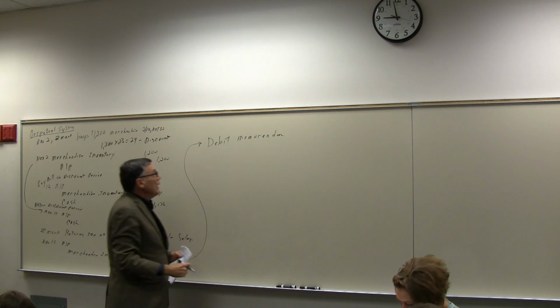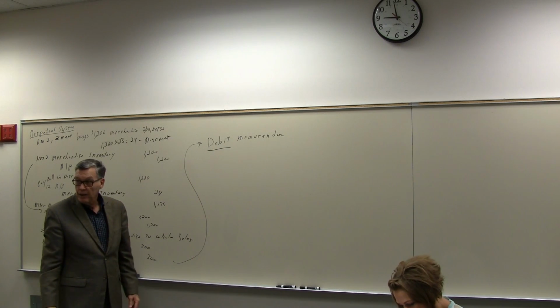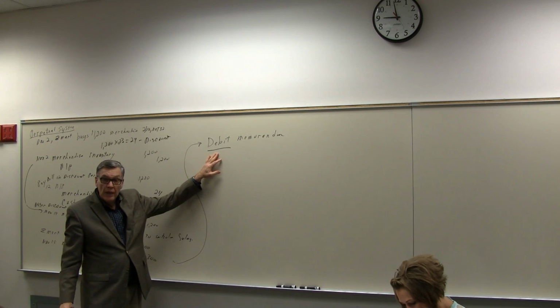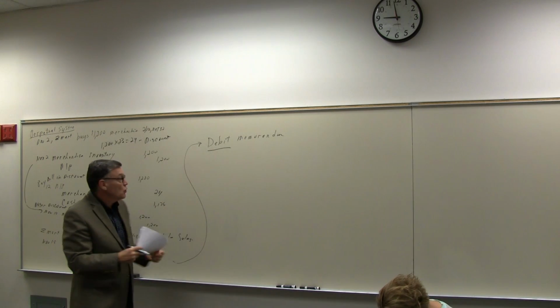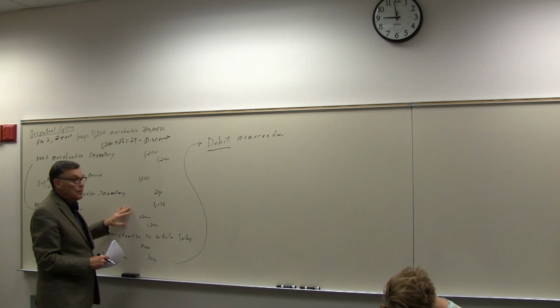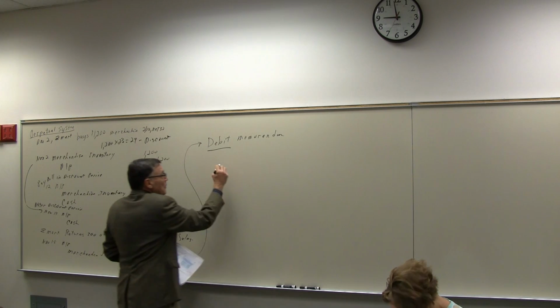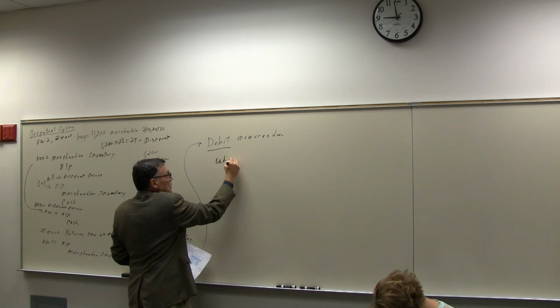Now, don't forget, there's debit memorandums and credit memorandums. What this describes is what happened on the sender's books, right? So now, this is all from the retailer's point, on the retailer's books. So the reason it's a debit memorandum is because this is the wholesaler's books.